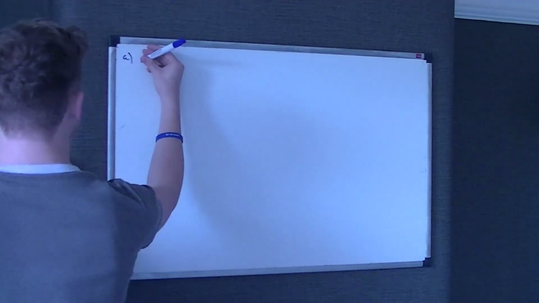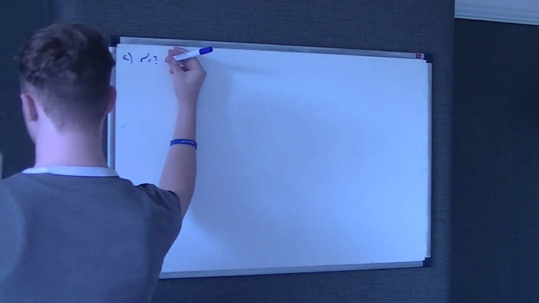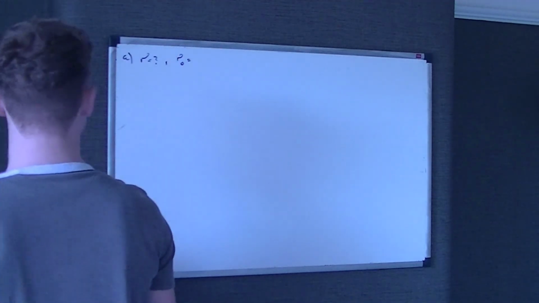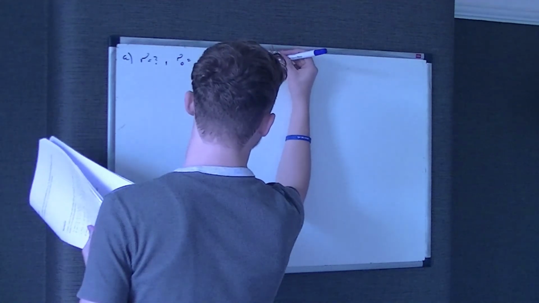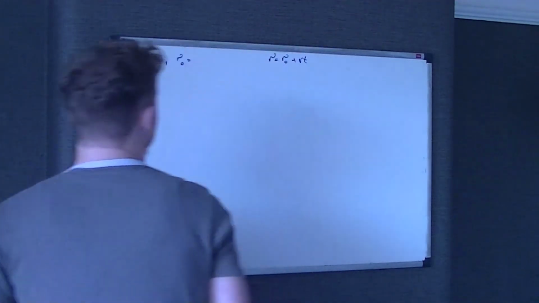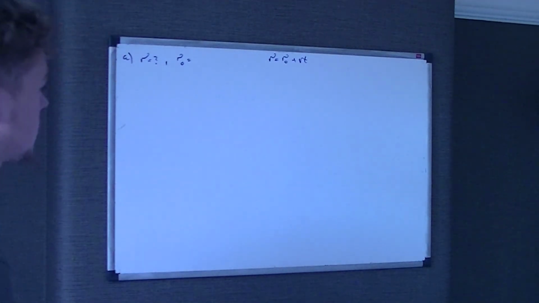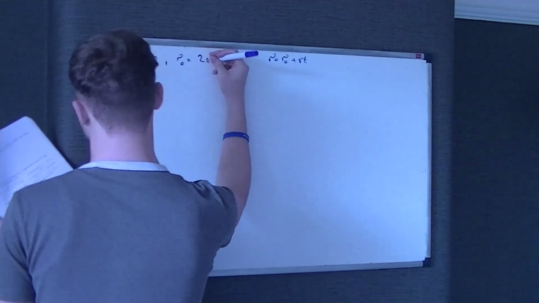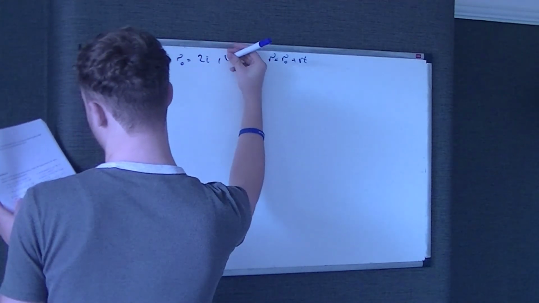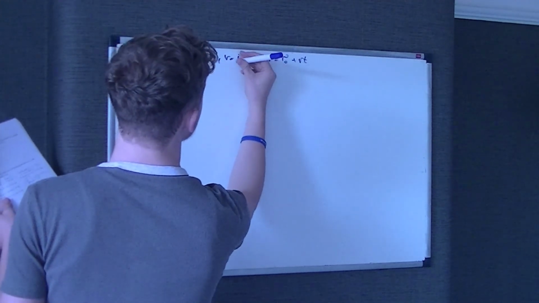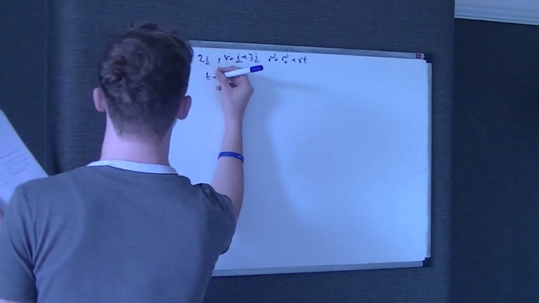So, we're told to find what R is, and we are given what R0 is. If you remember, our equation of the line was R equals R0 plus VT. We've got R0, which was 2i, V was i plus 3j, and we said T is equal to 4.